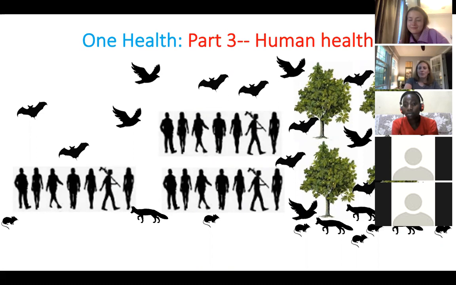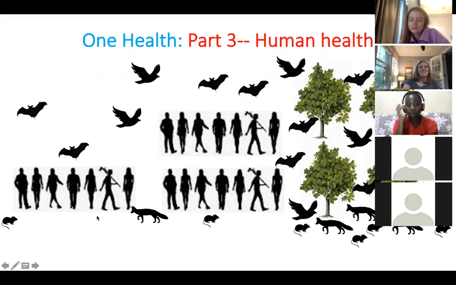Remember that example of the picture of the people with all these animals around and then the arrows? Zoonotic disease could be like the novel coronavirus, could be like rabies, could be like flu. So a zoonotic disease is a disease that can jump between different species.